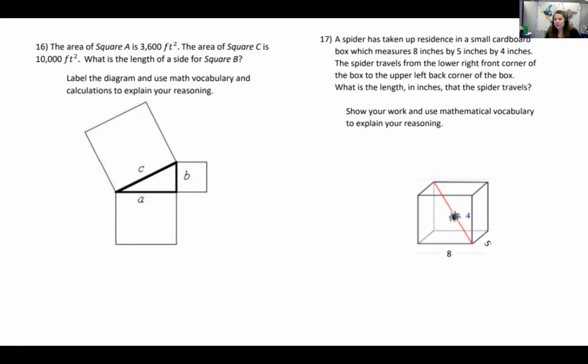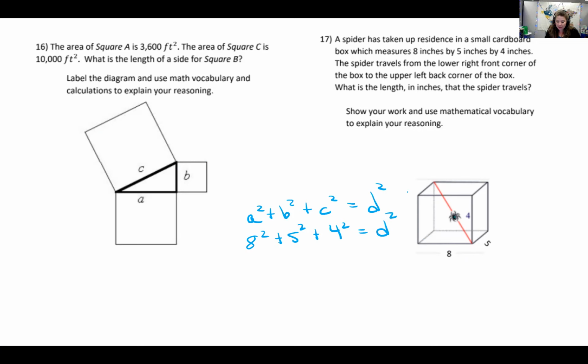We could do this the long way, or I believe we did one of these in class. For a three-dimensional box, the formula is a squared plus b squared plus c squared equals the diagonal of the box squared. So let's plug in 8 squared plus 5 squared plus 4 squared.